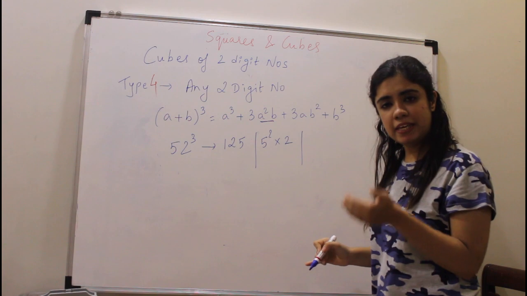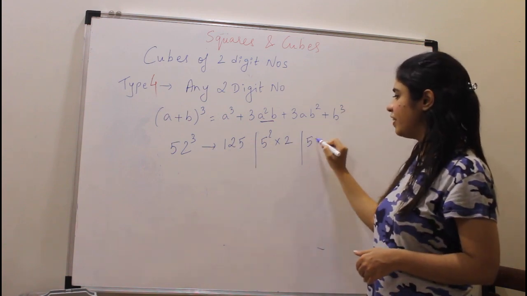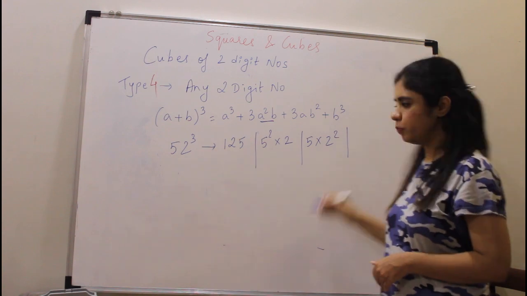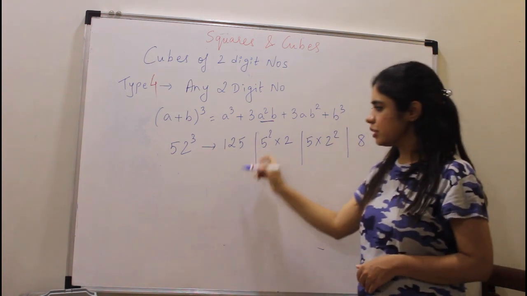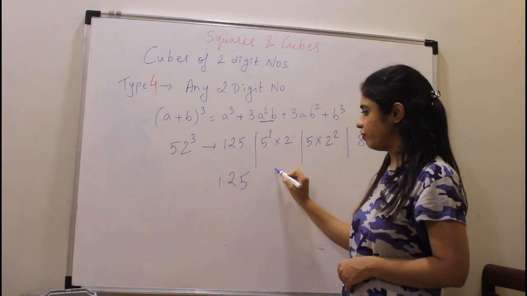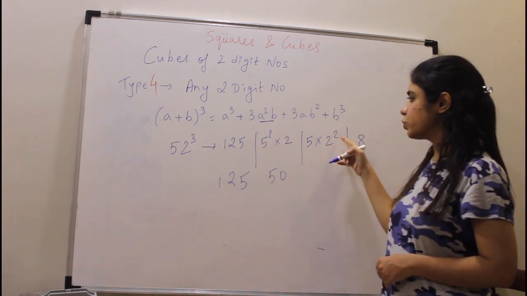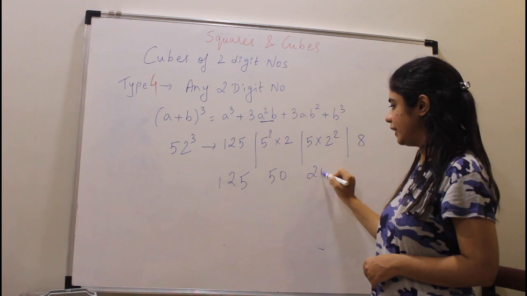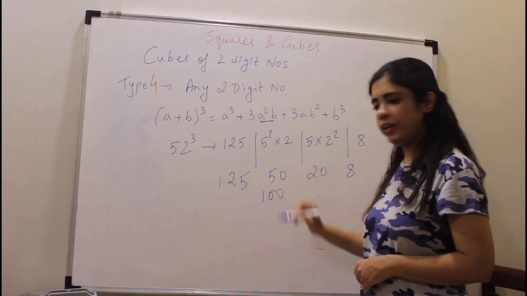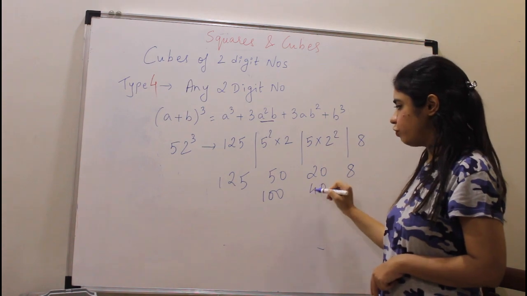Then ab square, so that is 5 into 2 square. And finally, you will write 2 cube, which is 8. So this will be 125. This will be 5 square 25, 2 fives are 50. This will be 2 square is 4, 4 fives are 20, and this is 8. Double 50, 100. Double 20, 40.